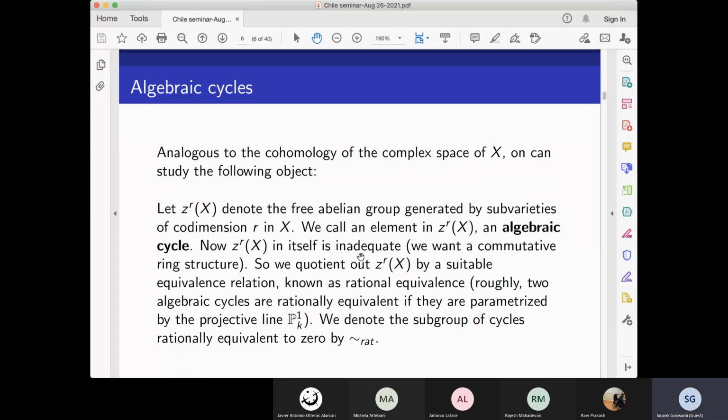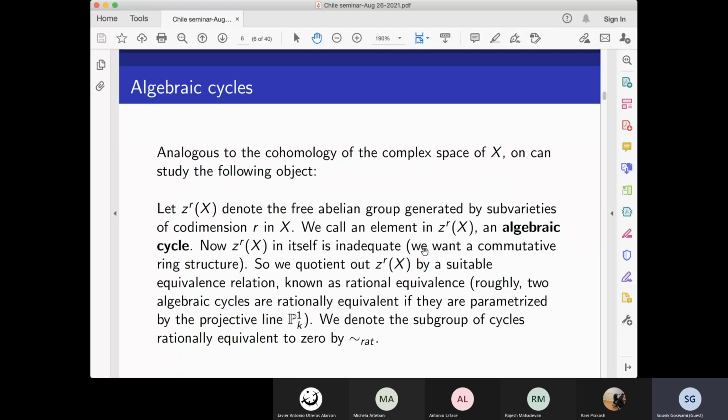Now, if you just work with this particular group, then it's too large. It's a free abelian group generated by infinitely many subvarieties of codimension r inside X. So this group itself is inadequate, in the sense that it's not good just studying this group.